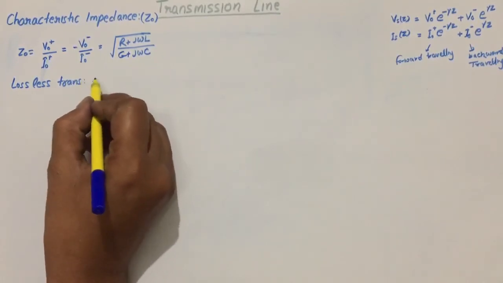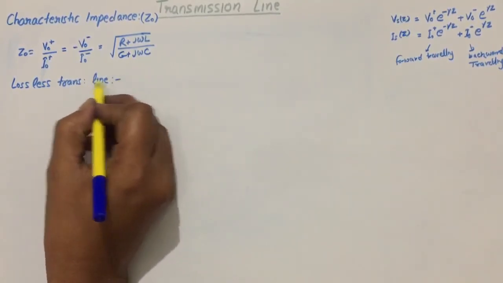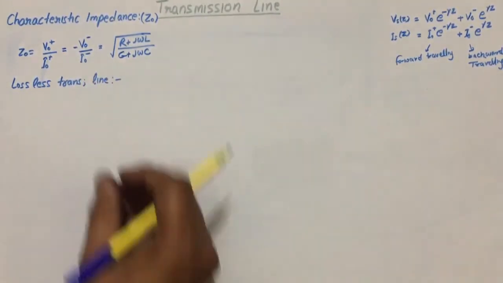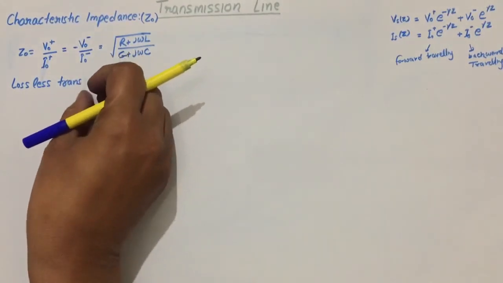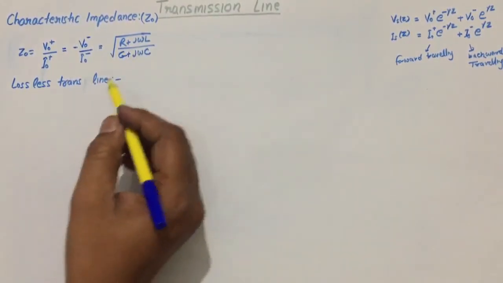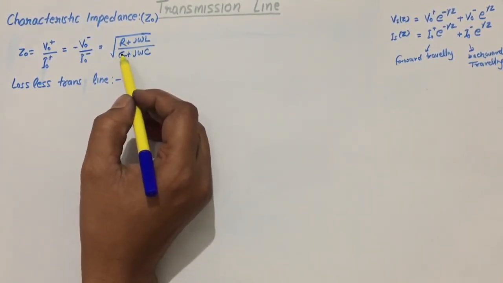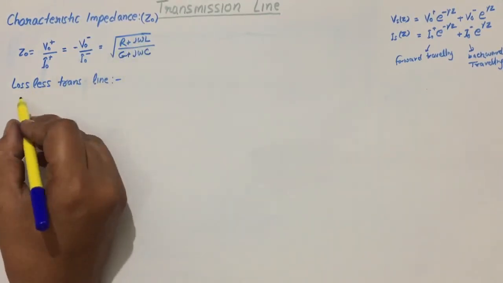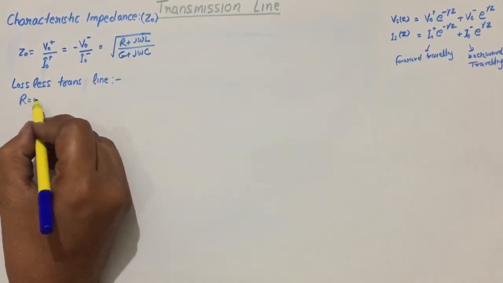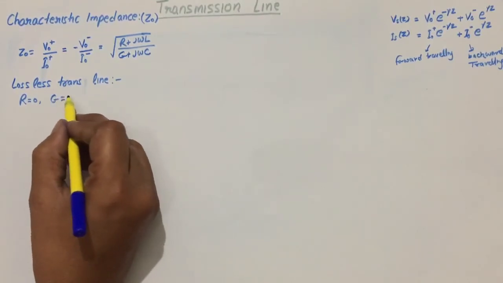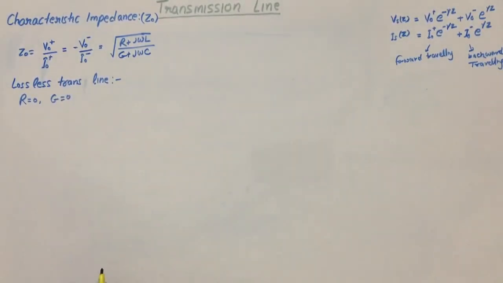In case of lossless, what it means: the losses that are occurring, that is R and G, they are 0. So lossless means the resistance and conductance of the line are 0.